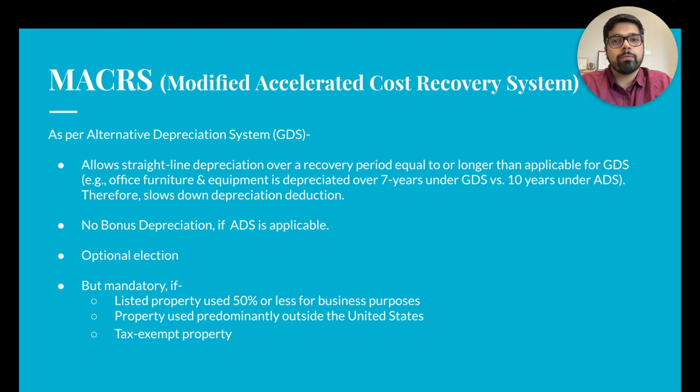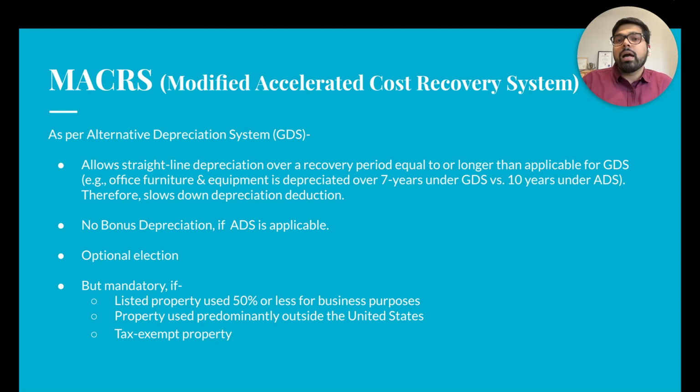You may or may not follow the alternative depreciation system, but it becomes mandatory if you fall in any of the following. That is, if you have listed property which you use less than 50% in the business. Suppose I bought some equipment but use it more for my personal work. Or maybe I bought a car, and I don't use it much for the business, but my wife uses it for her personal purpose.